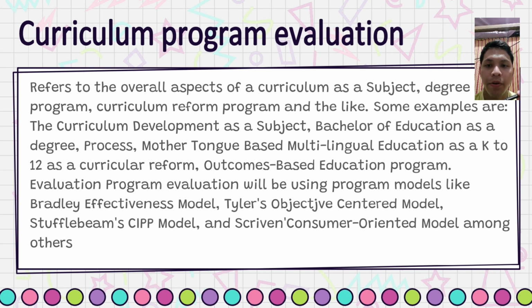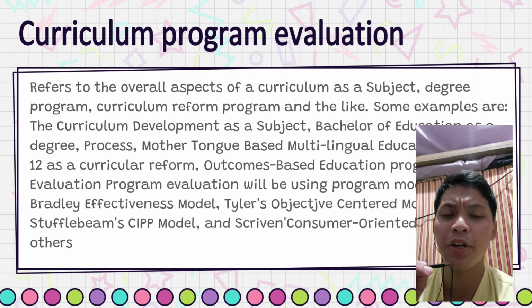Some examples are curriculum development as a subject, Bachelor of Education as a degree program, mother tongue based multilingual education and K to 12 as a curricular reform, and outcome based education program. For evaluation we will be using program models like the Bradley Effectiveness Model, Tyler Objective Centered Model, Stufflebeam CIPP Model, and Scriven Consumer Oriented Model, among others.